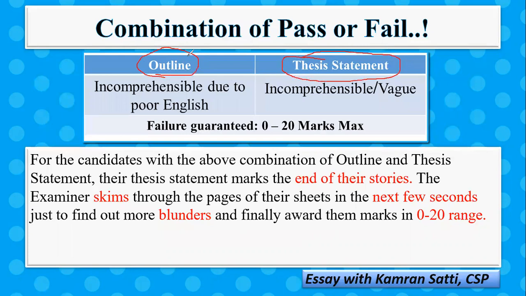I mean, if the examiner didn't find anything relevant to the topic, or he couldn't make out what you're trying to say in the outline, then he will look for the thesis statement in the introductory paragraph, that is, what the candidate's stance or take is on the topic. And if he couldn't discern what the candidate is trying to say because of incomprehensible, vague, and substandard English, then that's it. Such candidates, the examiner just awards them anything between 0 to 20 and fails them.